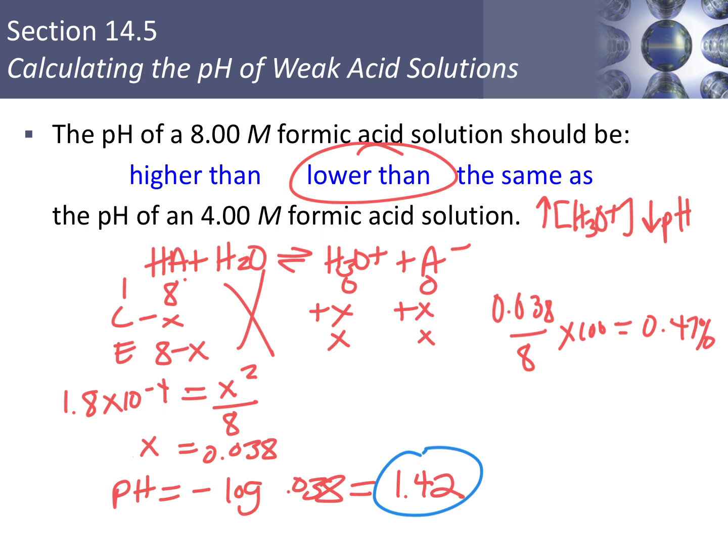So this is indeed lower. And the percent ionization or dissociation is 0.47% for this 8 molar solution compared to 0.68% ionization for the 4 molar solution. So this is indeed a lower percent ionization with a higher concentration.